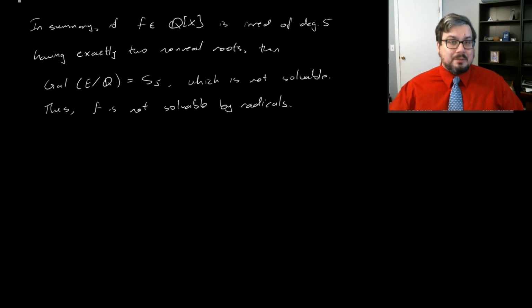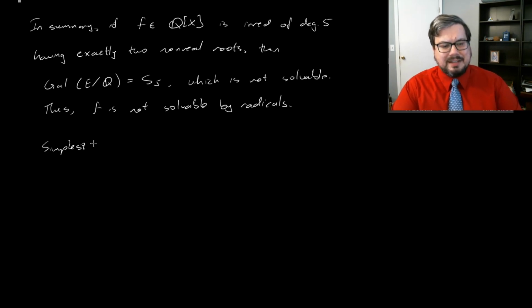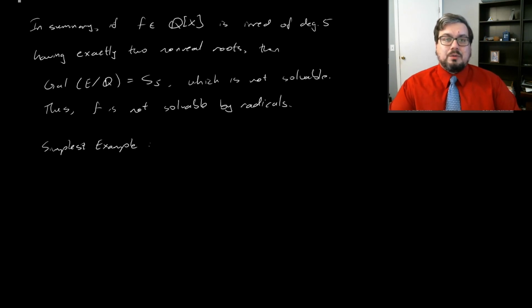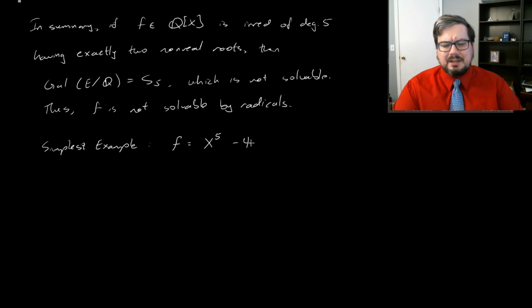If 3 of them are real, then 2 of them have to be complex, and we get this result here. So the simplest example that I can find, I think one would have to work really hard to find a simpler example of a polynomial that's not solvable by radicals over the rationals, is x^5 - 4x + 2. Just 3 terms, really simple.